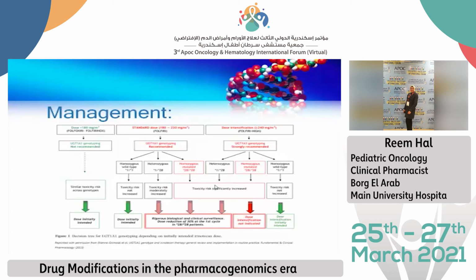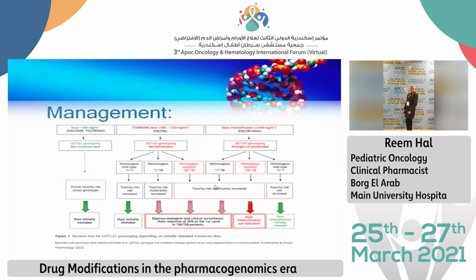Also, pharmacogenomics is related to pharmacoeconomics, so we should know when to use genotyping testing and when not. So if the dose of irinotecan is less than 180, it's not recommended at all to genotype the UGT1A1, while if the dose is 180 or more than 240, UGT1A1 is mandatory.